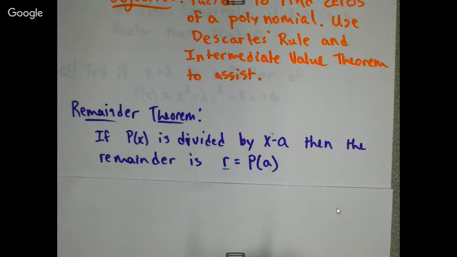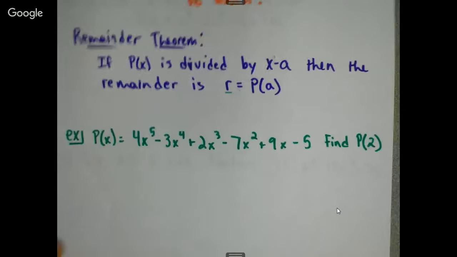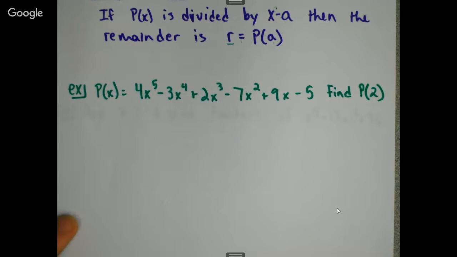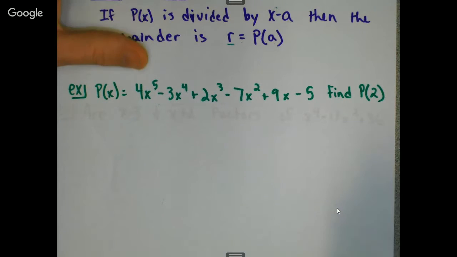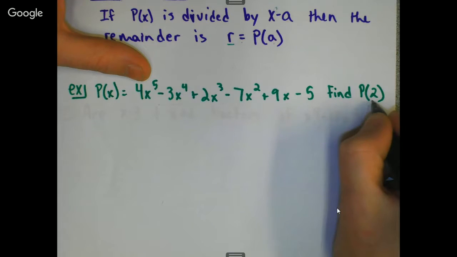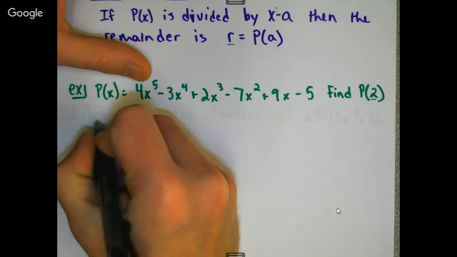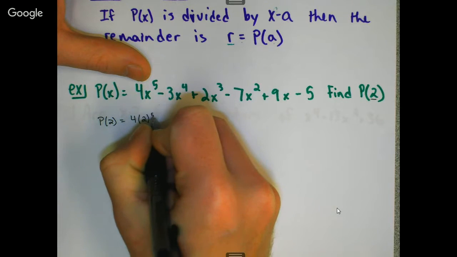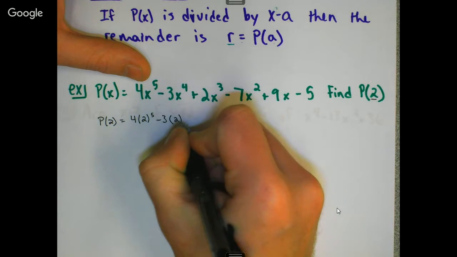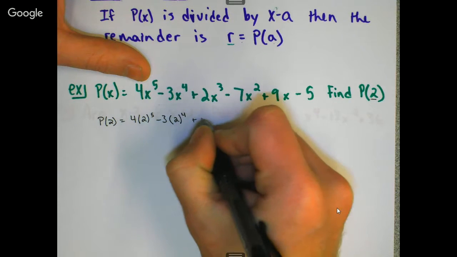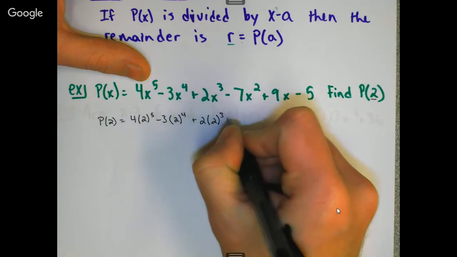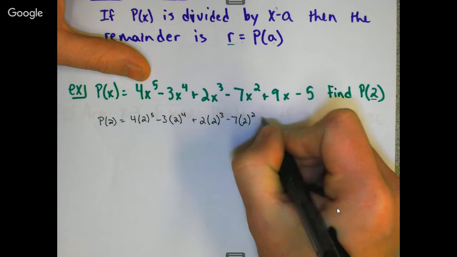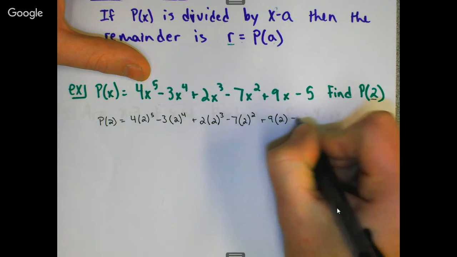So let's look at an example using that principle. Here's my polynomial, and I want to find p of 2. We can do that a couple different ways. The first way most of us know is just to take 2 and plug it in. So p of 2 is 4 times 2 to the 5th minus 3 times 2 to the 4th plus 2 times 2 to the 3rd minus 7 times 2 squared plus 9 times 2 minus 5.